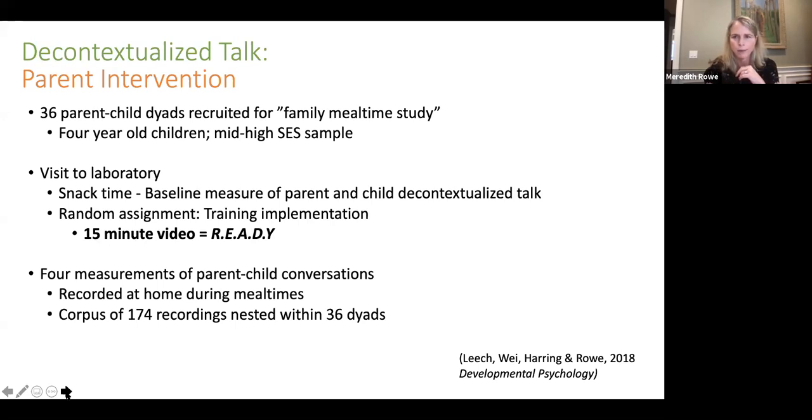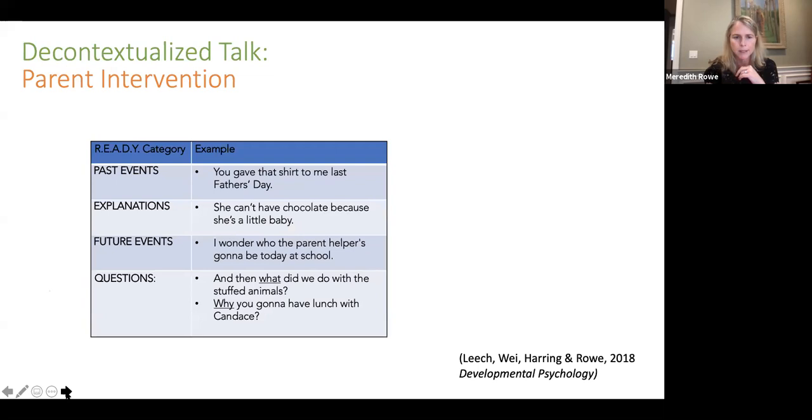Okay, so we transcribed all of those recordings of the meal times, and then we coded them for the types of Ready Talk we had taught them about. So past events, like you gave that shirt to me last Father's Day, explanations, she can't have chocolate because she's a little baby, future events, I wonder who the parent helper is going to be at school today.